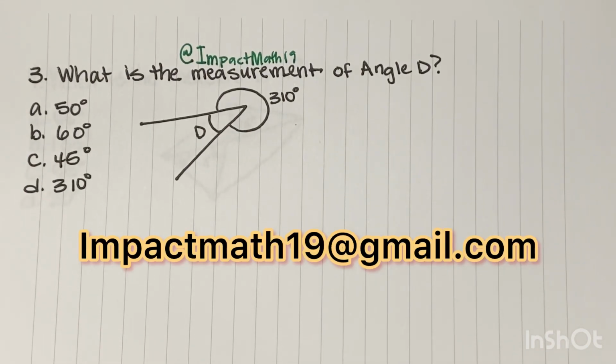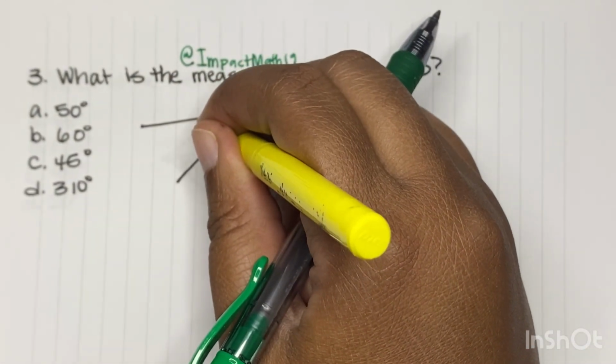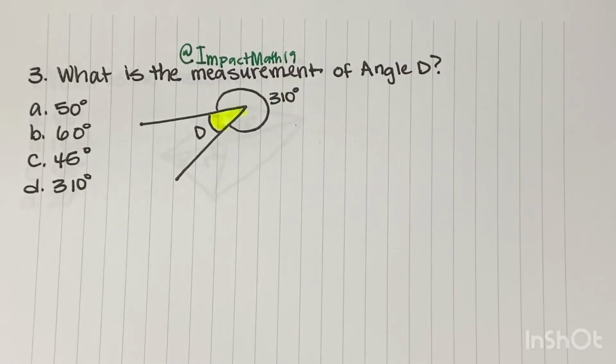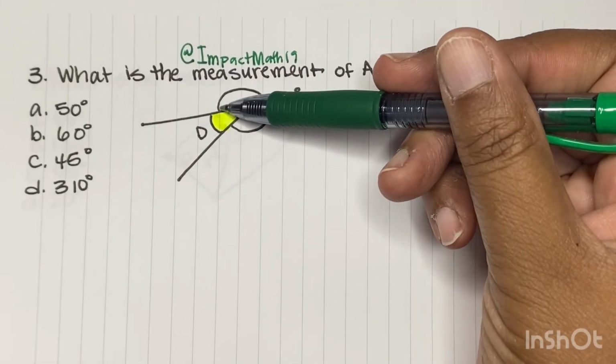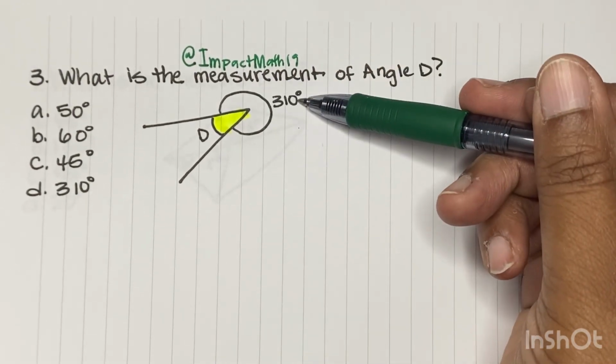Number 3, what is the measurement of angle D? So they want us to find how much this angle is, angle D, okay? Now, they give us a little bit of information. They say this amount of the circle is 310.